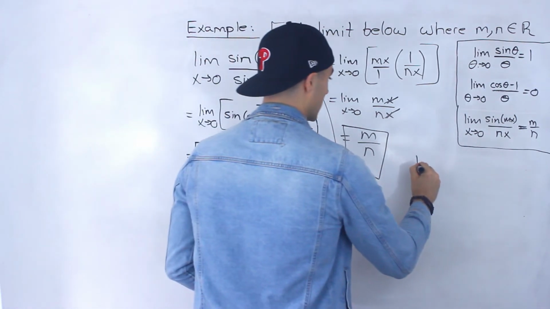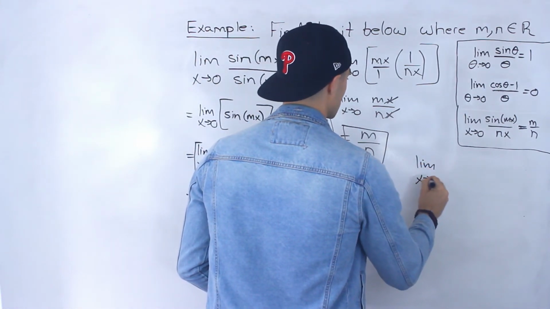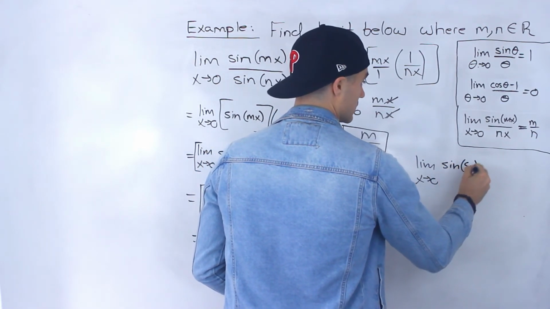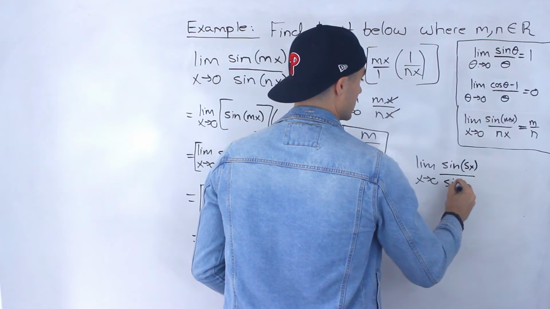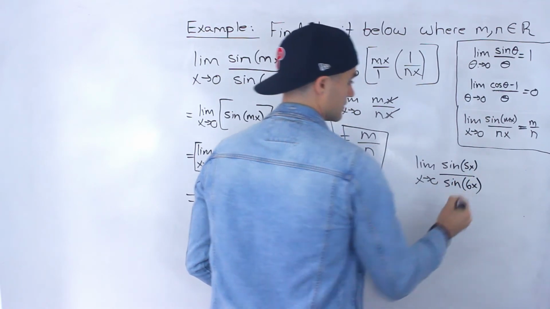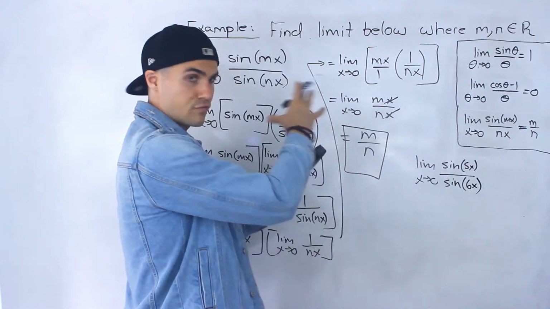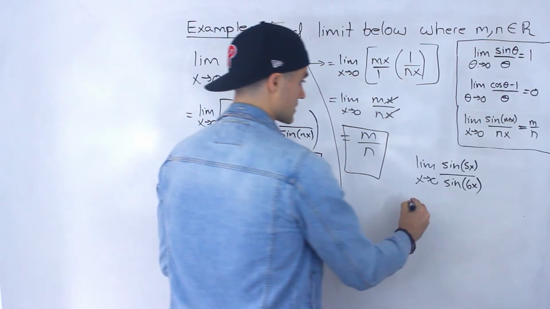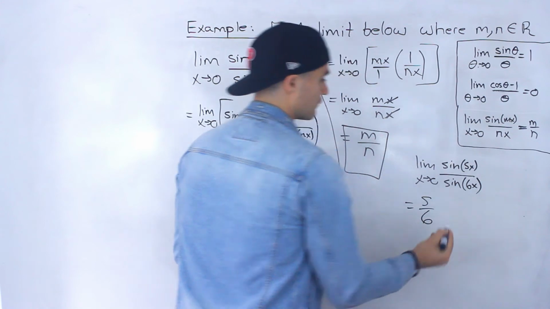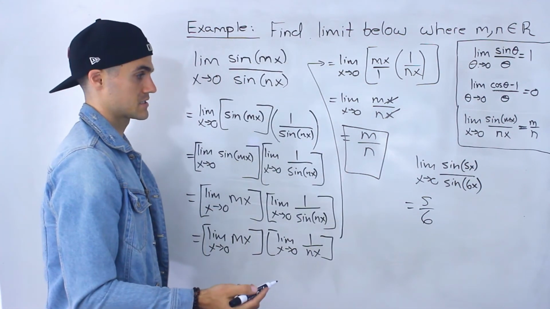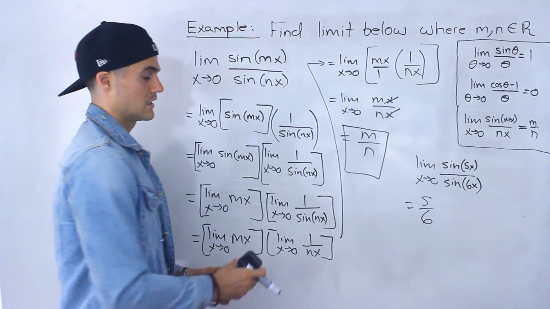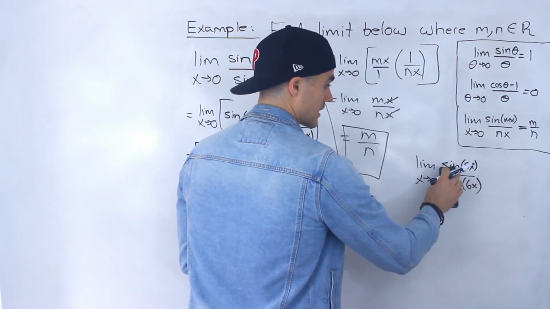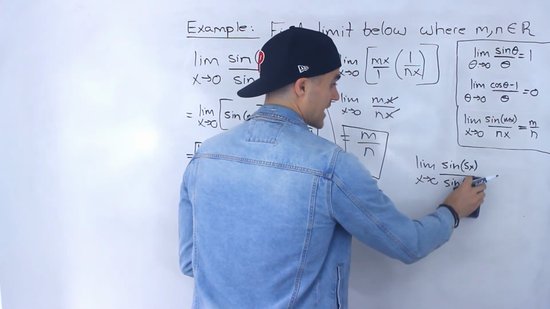So if you ended up getting something like the limit as x approaches 0 of, let's say, sine 5x over sine 6x, following that same work, the m value is 5, the n value is 6, you'd end up getting 5 over 6. Let's say you had the limit as x approaches 0 of sine 5x over just an x here.